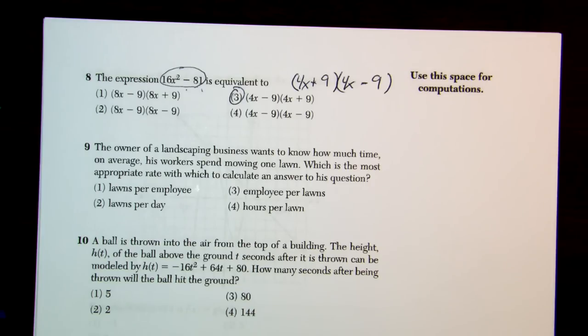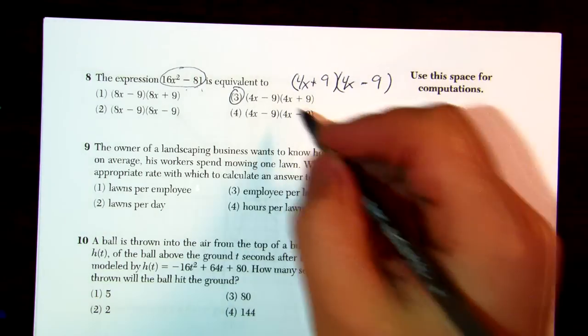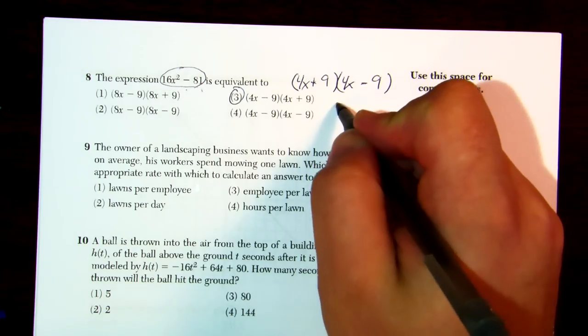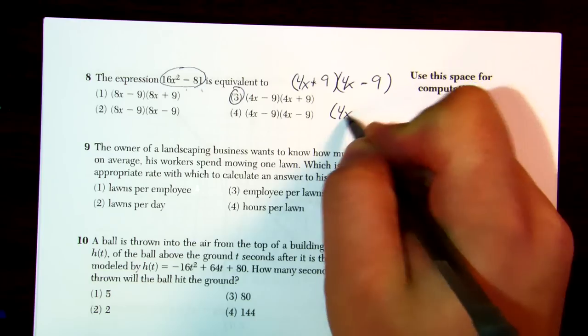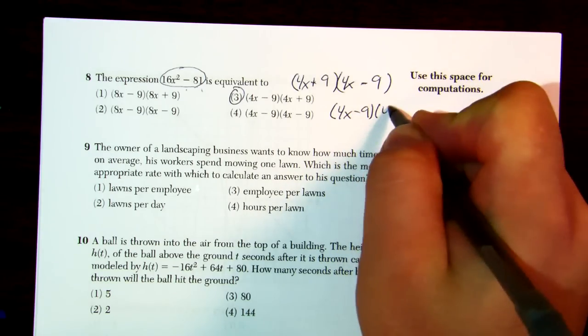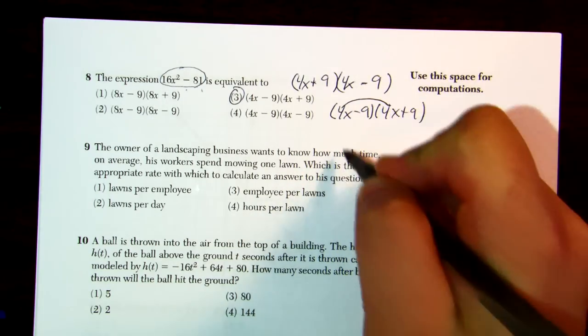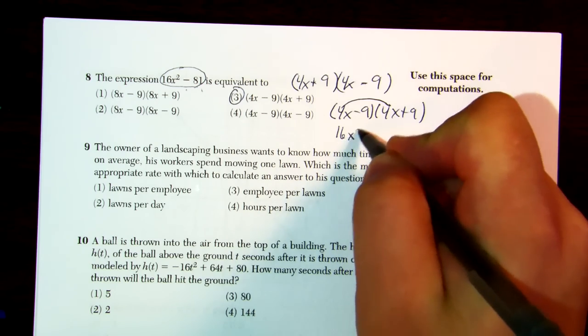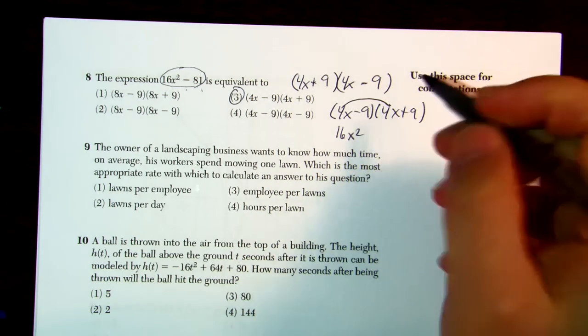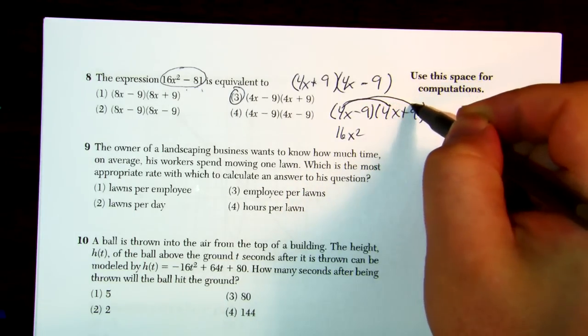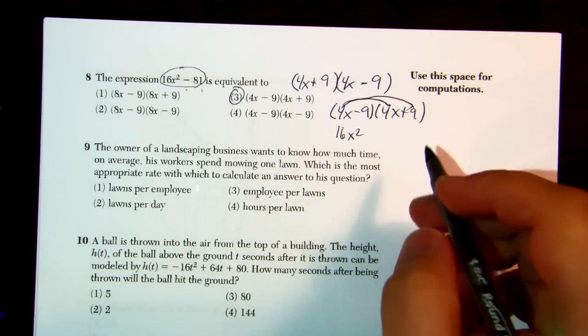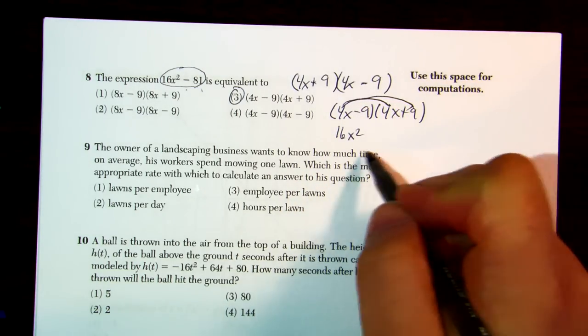So what if you didn't know that? If you didn't know this, you could go through each one and use FOIL. So say we had, let's just go ahead and take the right answer as an exercise of FOIL. FOIL means the firsts, so that's 16x squared. The outers, 4x times 9, which is 36x.